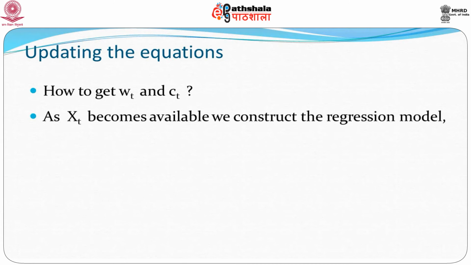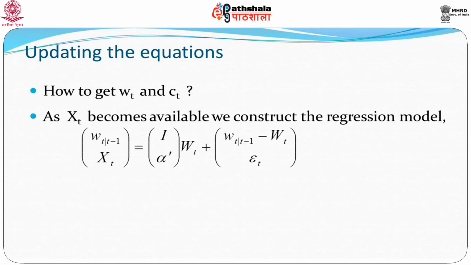So, once we get this, we set up this regression model. On the left hand side, we have these two variables here, Wt given t minus 1, which is basically itself a vector, and you have the new observation Xt. Now, if you write this as I alpha prime Wt plus Wt given t minus 1 minus Wt, and epsilon t, just look at the first set of equations, that is Wt given t minus 1 on the left hand side.